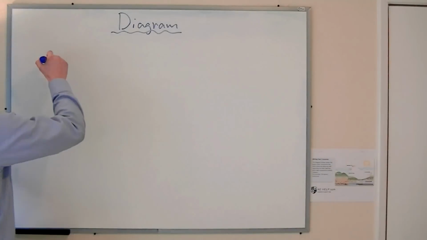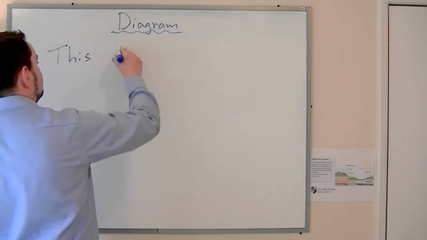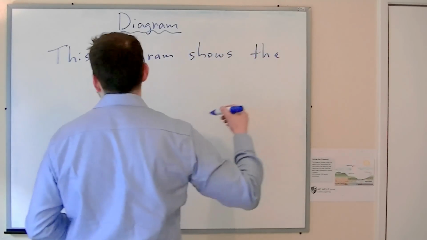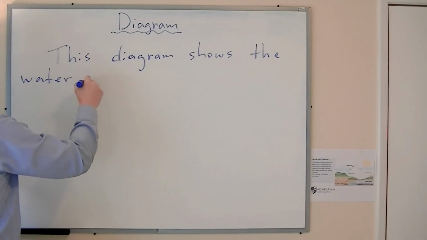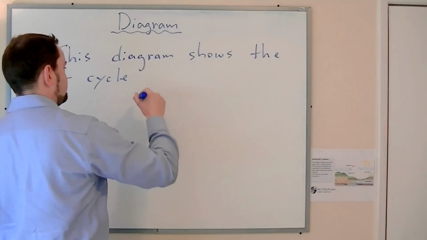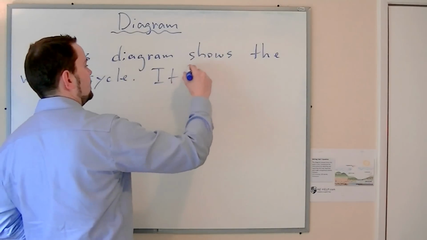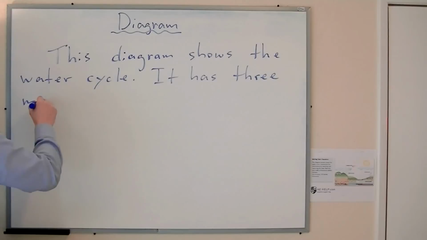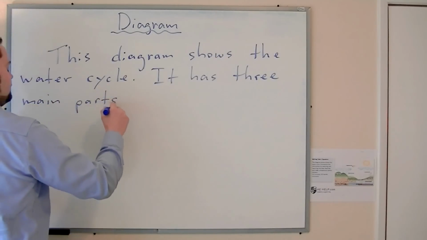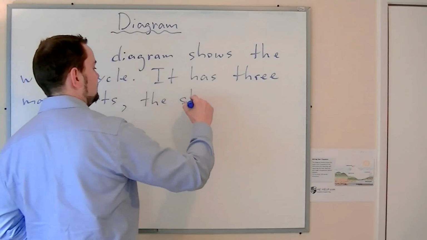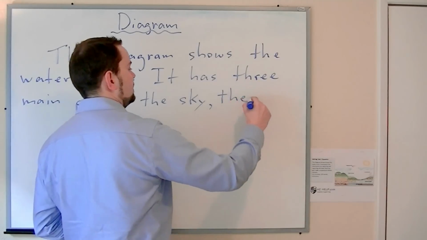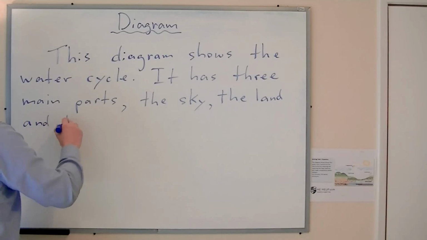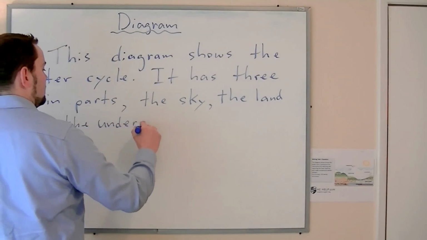So this diagram shows the water cycle. It has 3 main parts: the sky, the land, and the underground.